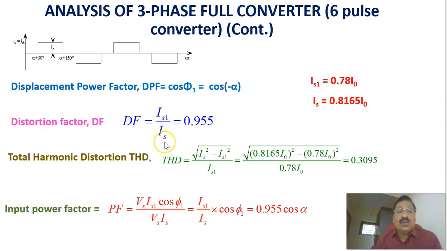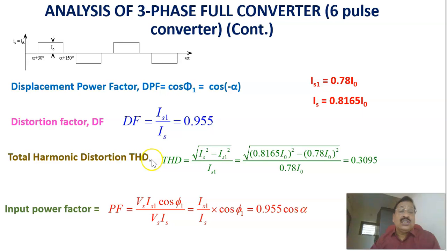IS1 by Is is what we defined as the distortion factor, and cos phi1 is the displacement power factor. Therefore, the total power factor is the product of the displacement power factor and the distortion factor, which is equal to 0.955 into cos alpha.